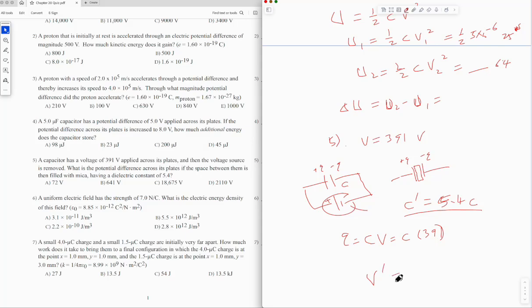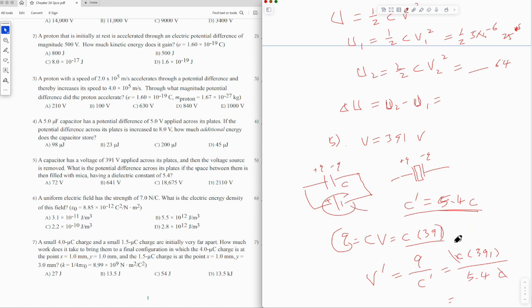Then voltage equals trapped charge divided by capacitance. This amount of charge is the same, so the charge equals C times 391, and C prime equals 5.4 C. C and C cancel. This is the amount of charge, this is the potential difference.